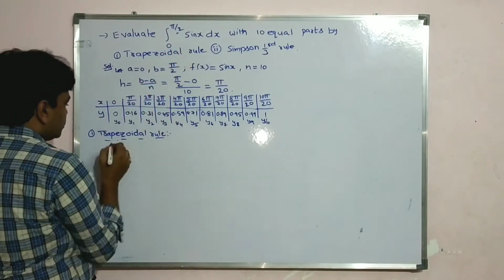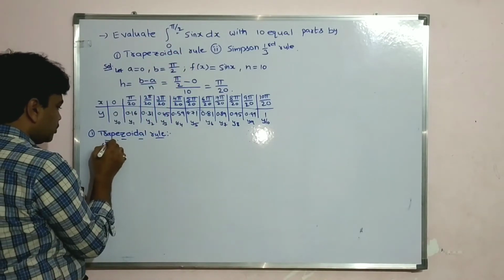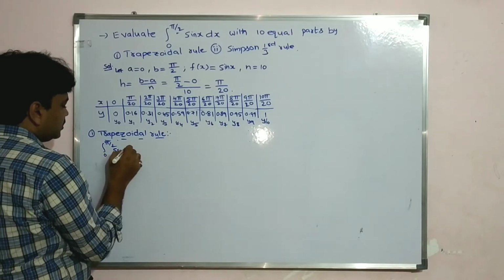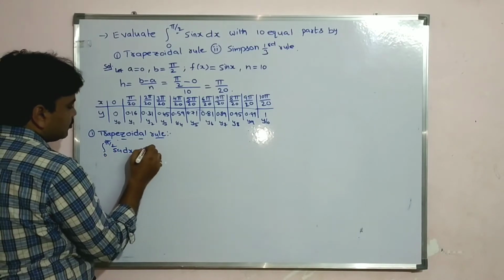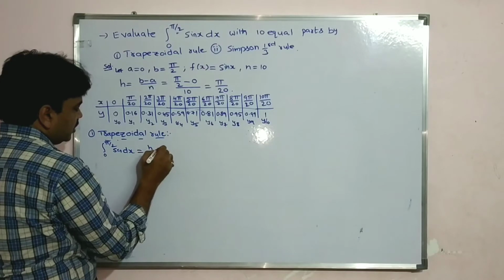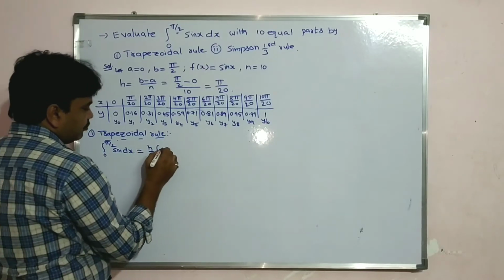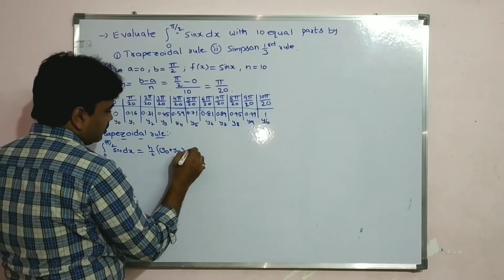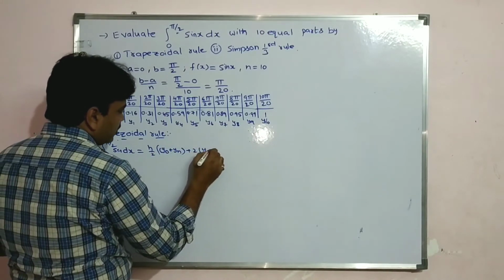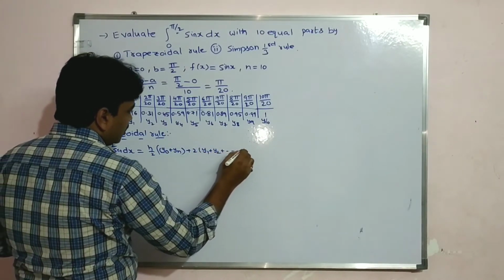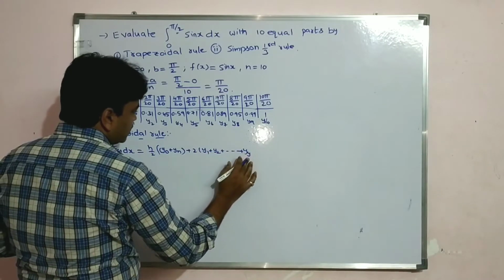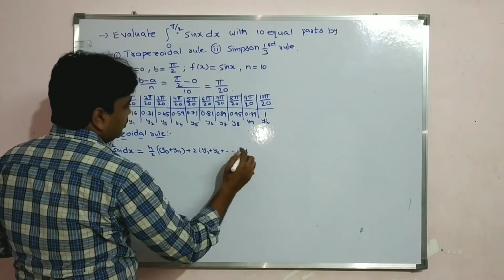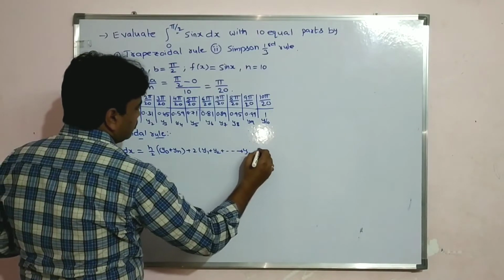What is our integration, students? Integral 0 to pi by 2 sin x dx. That is equal to, what is the formula? h by 2 into bracket y0 plus yn, bracket, plus 2 into bracket y1 plus y2 plus and so on plus yn minus 1, bracket close.